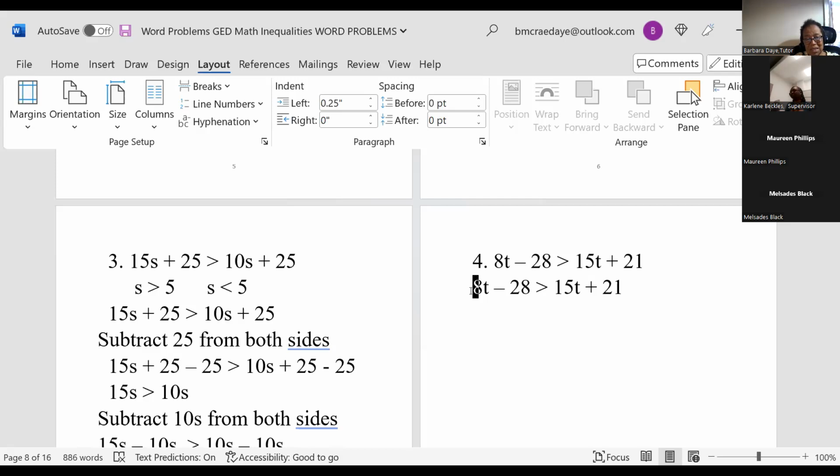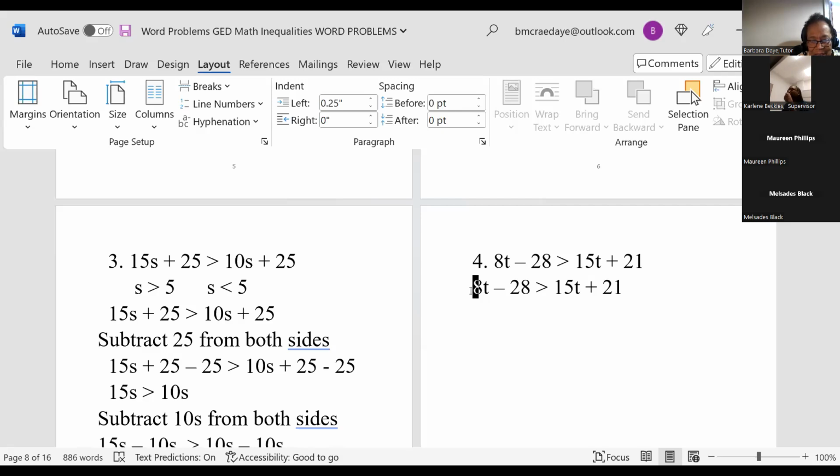How you doing, Mercedes? Still trying. I gave you what I thought was mental math. What did you do first, Mercedes? I put the variables together.